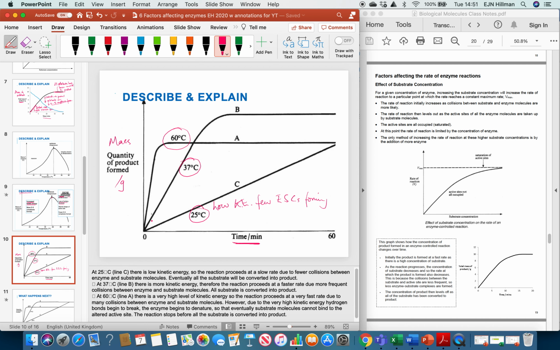In line B at 37 degrees, so obviously 37 degrees human body temperature.